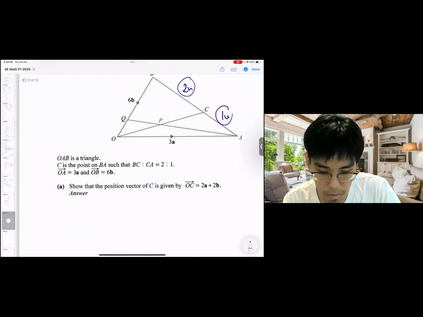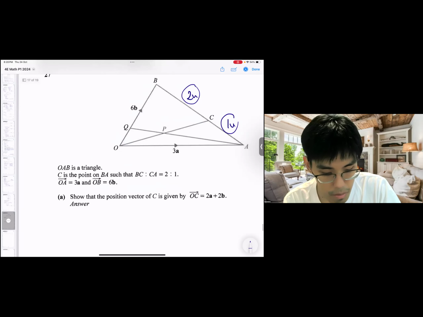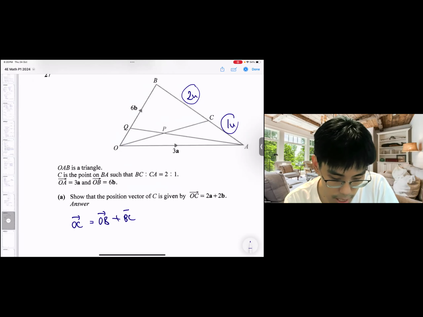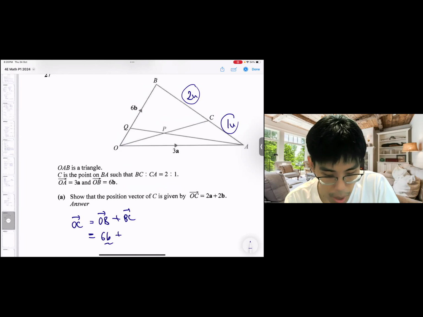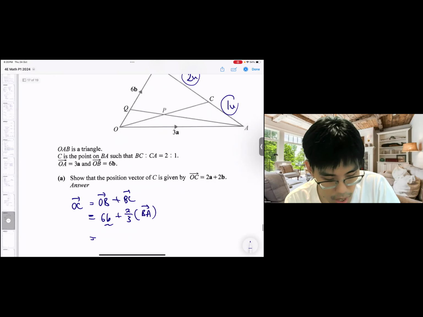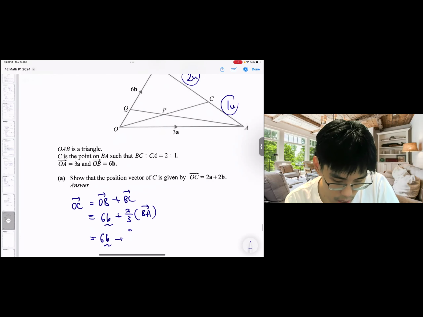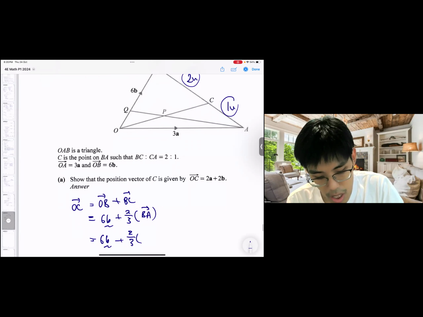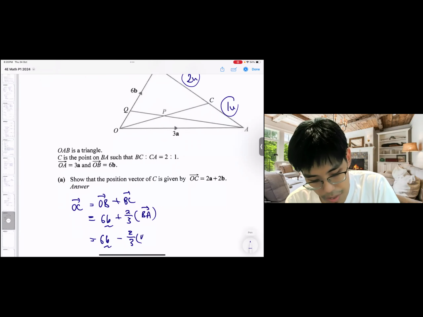OC equals OB plus BC, equals 6b plus 2/3 of BA, equals 6b minus 2/3 of AB.